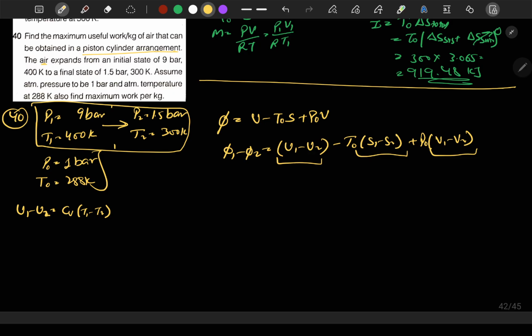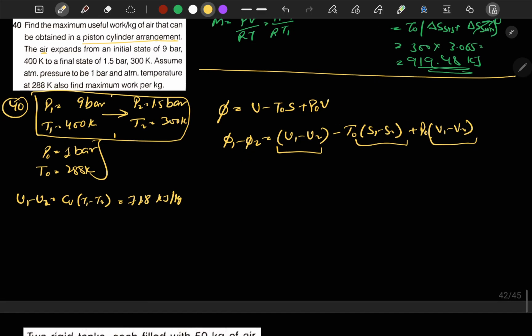We know the value of cv is equal to 0.718, into t1 minus t2. T1 is 400, t2 is 300, so the difference is 100. So we get u1 minus u2 equal to 71.8 kilojoule per kg.